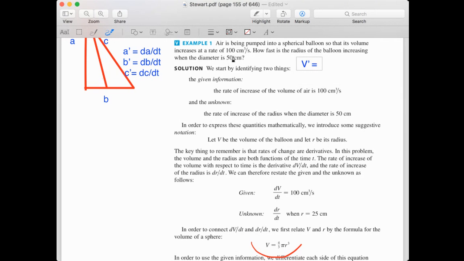So what is the instantaneous rate of change of the radius, knowing the volume change?